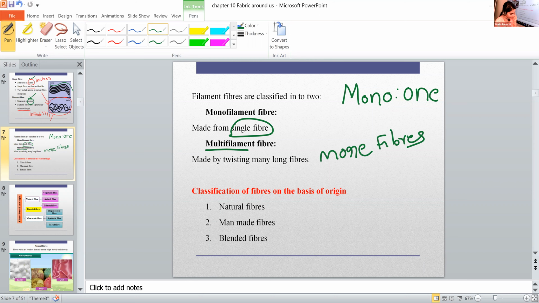Monofilament means you can write down: monofilament fiber, it is made from a single fiber. Then multi-filament fiber, it is made from many fibers.